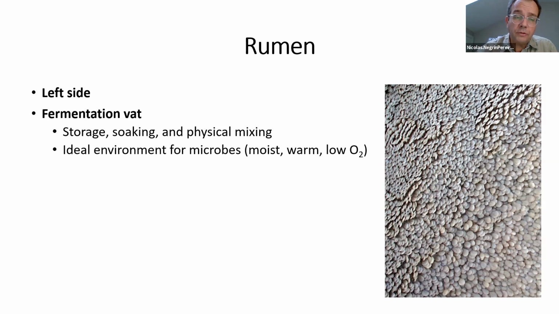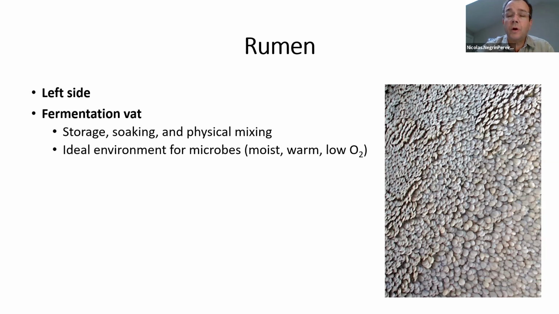The rumen also contributes by providing an ideal environment for the microbes. It supplies moisture, so that is when all the plants and the feed get soaked. And this high water content of the ruminal fluid is important for the microbes for the fermentation process.